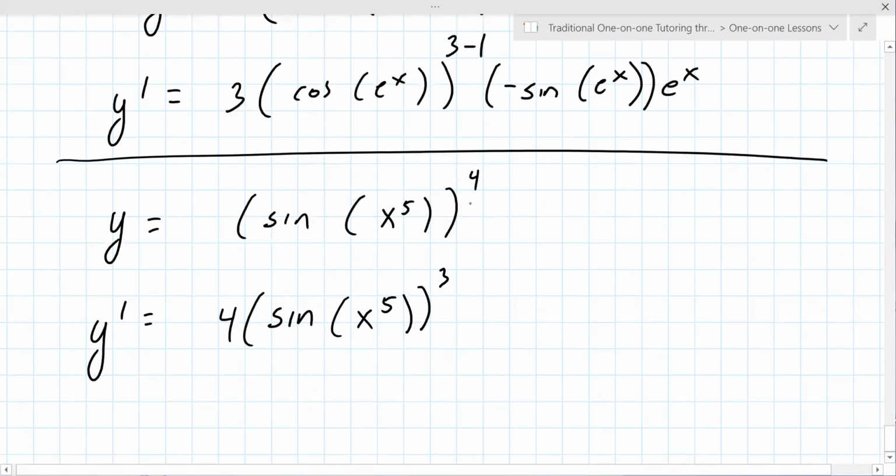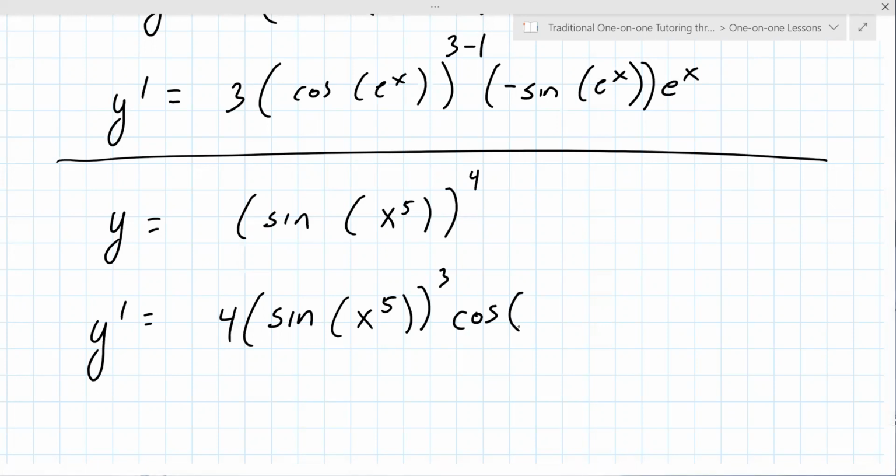Now you've handled the exponent, so you go to the inside function. The derivative of sine is cos.